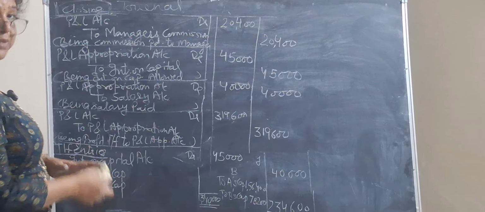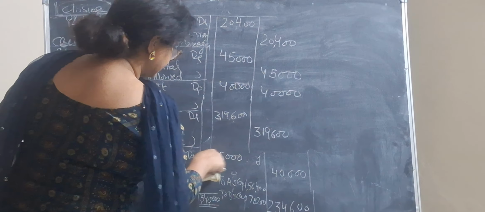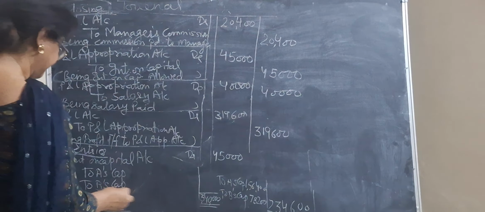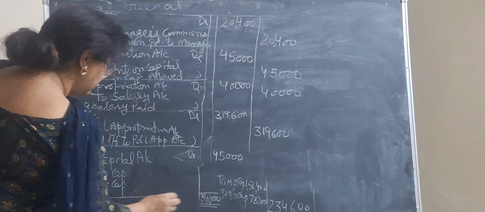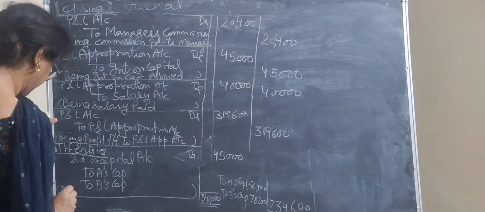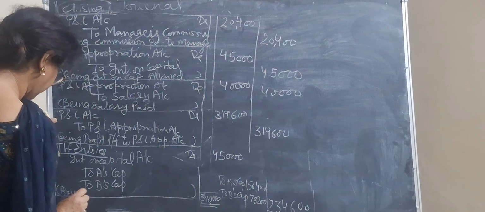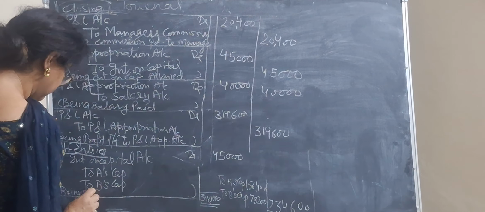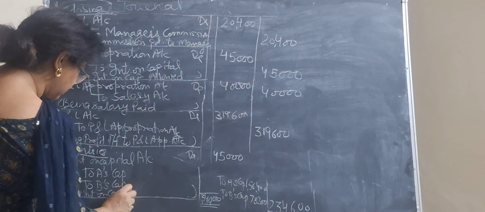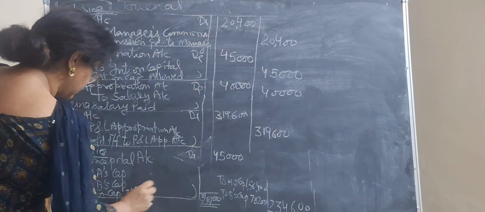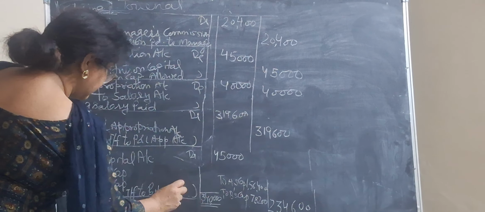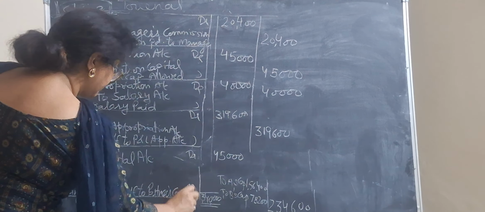Now salary to B is 40,000. I'm erasing this as well. Okay, so here what we'll write, being interest on capital transfer to partners' capital account.